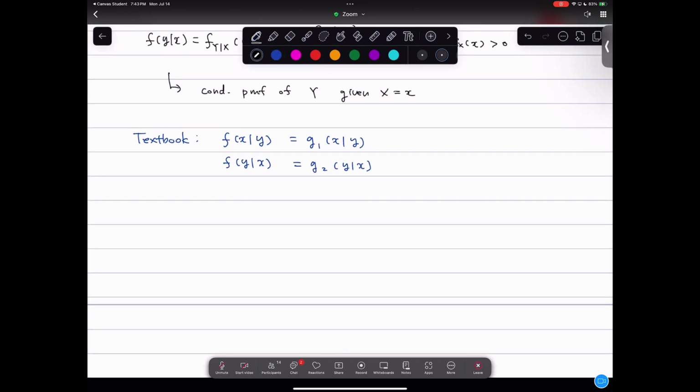For example, if I have this conditional f of x given y, I want to pick a particular y value, let's say y value of 0. That means your denominator is f of y of 0, which is a constant. It's a fixed number. It's a probability.